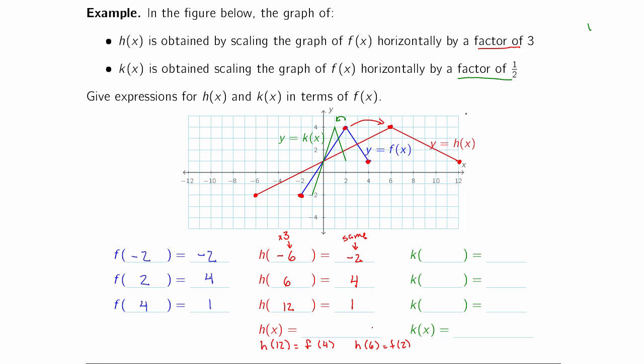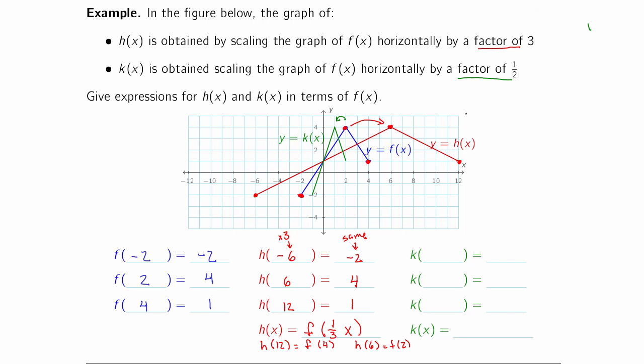We're dividing by 3, which is multiplying by 1/3. h of x is f of not 3 times x, but 1/3 times x. Again, what's happening here is we have to go from the input of h back to the input of f.